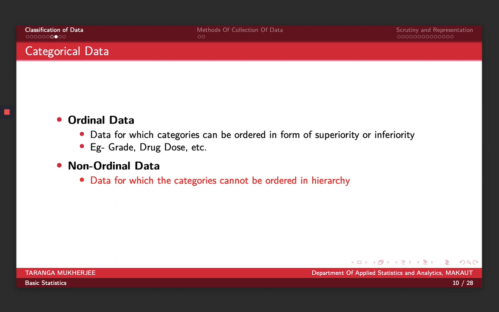Ordered in the sense that we have a certain order with respect to superiority or inferiority. For example, gradation. Someone is getting grade A plus, someone is getting grade A, someone is getting grade B plus, someone is getting grade B, right? So gradations can be ordered, right? So grade is definitely an ordinal data.